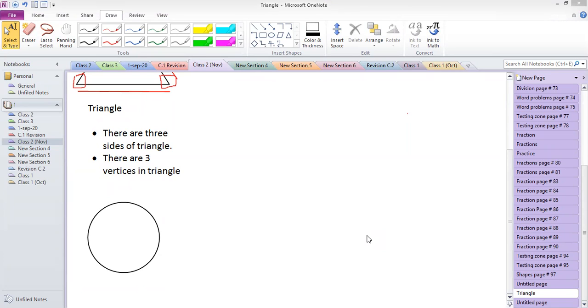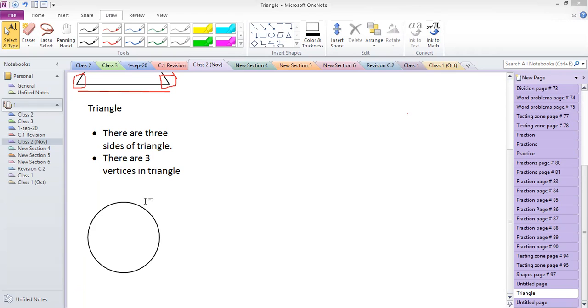So this is a circle, guys, right? Can you tell me how many corners there are in a circle? How many vertices are there? No vertices. Can you find any corner in this circle? No, you cannot find one.